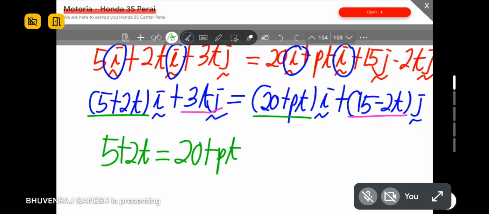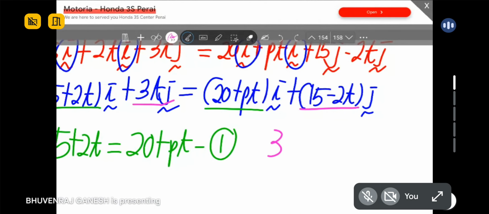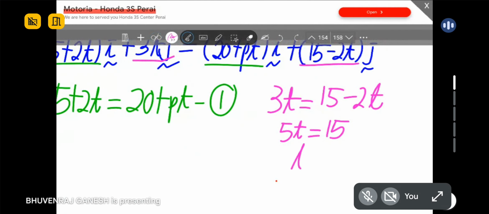First equation. Okay. And then second equation, you compare the coefficient of J perkali bagi J. 15 minus 2t. So you see over here, guys, I can already solve, right? For my time. Saya boleh selesaikan. So my answer is t is equal to 3.